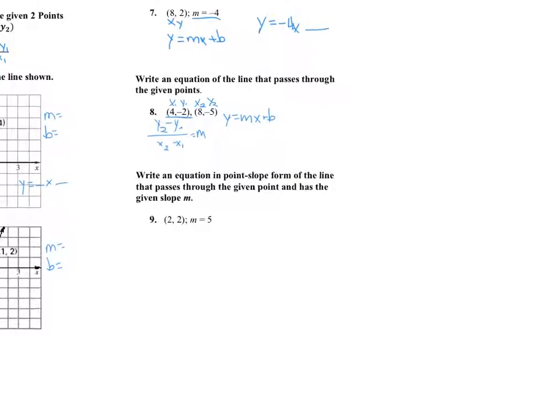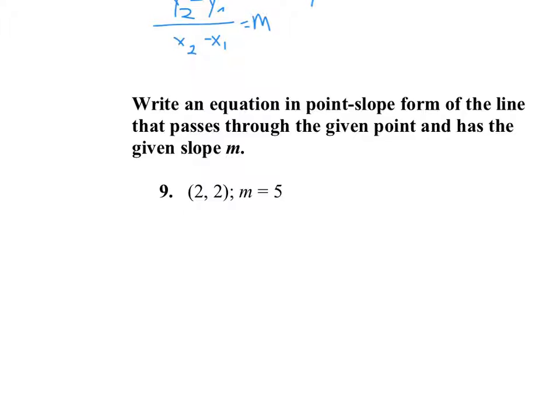All right, we're going to move on to number 9. They want us to write this one now in the point-slope form. Key word right there, point-slope form. And to help remind you, point slope is y minus y1 equals m times x minus x1. And remember, please, that we're looking to replace those 3 spots.